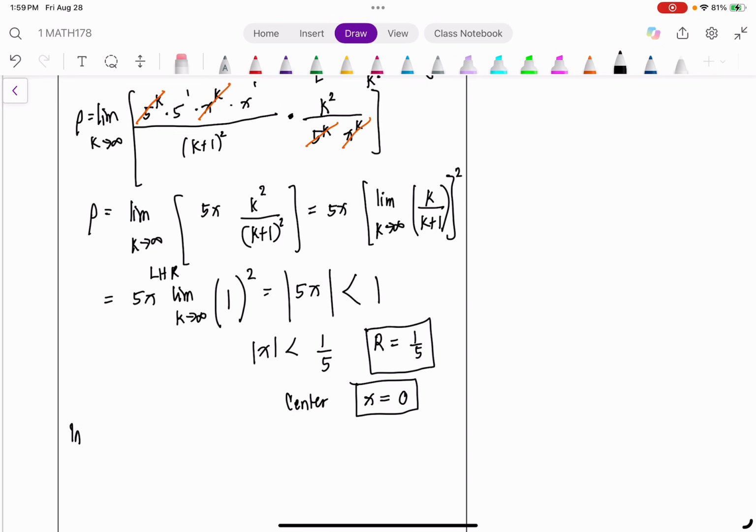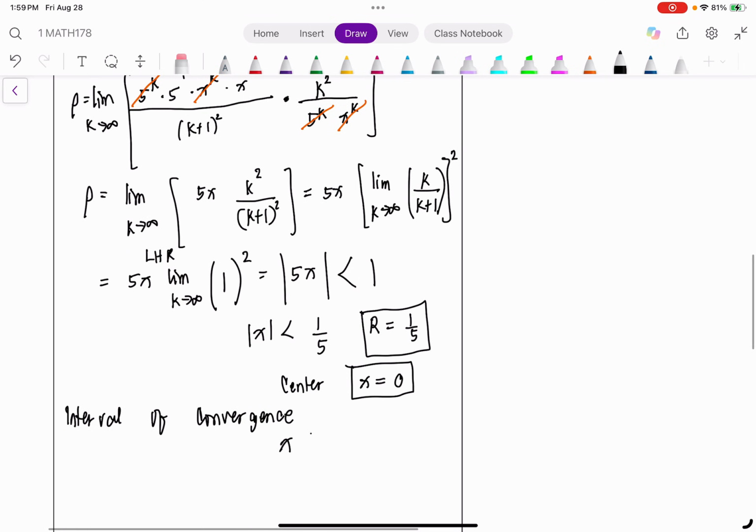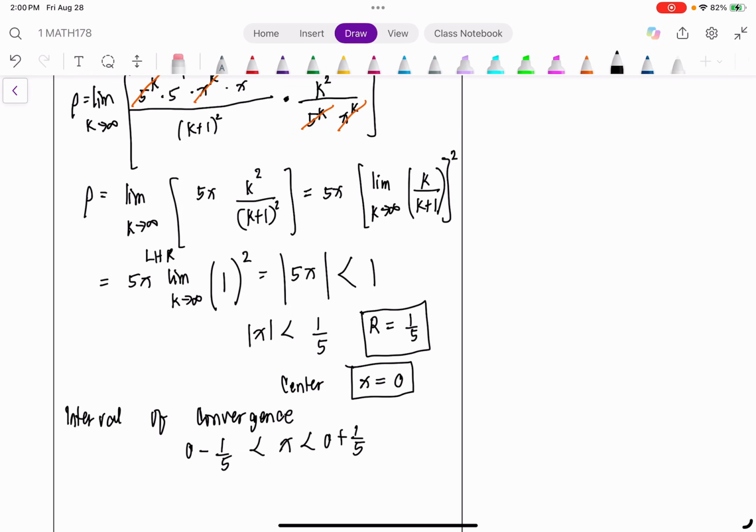So for the interval of convergence, we have x to be in between 0 minus 1 over 5 and 0 plus 1 over 5. Now the question is, should we include or exclude the endpoints?